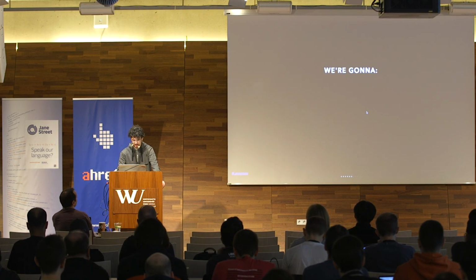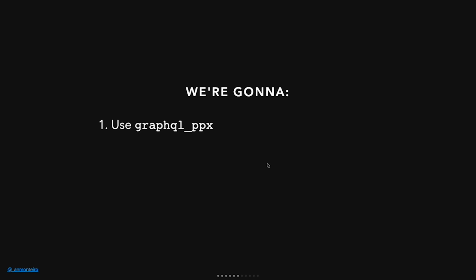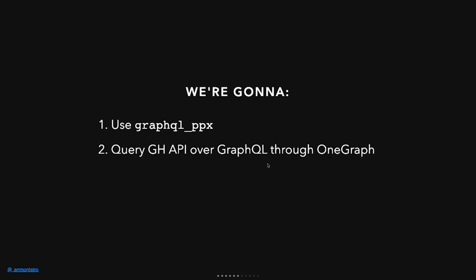And in the example that I'm going to show, we're going to use GraphQL PPX on the native side. This is all native. There's no compilation to JavaScript whatsoever. So we're going to use GraphQL PPX on the native side to query the GitHub API over GraphQL through OneGraph, which is a service that wraps many APIs into a single GraphQL endpoint.